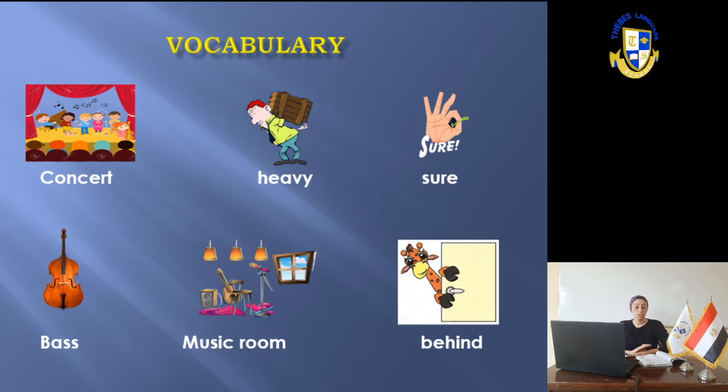As we said before, concert means musical performance given in public by students or performers using musical instruments. Heavy. Bass or cello, and they are a little bit similar to each other. They are the same, a little bit the same, and both of them are the biggest string musical instruments.